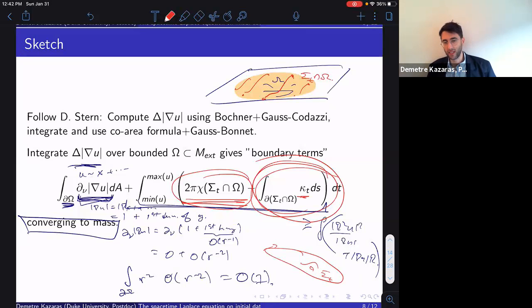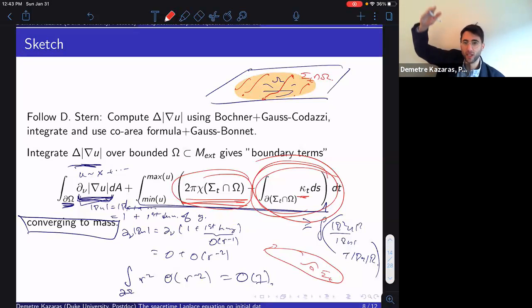So you expect that the level set geometrically resembles a plane at spatial infinity. So you expect that the integral of the geodesic curvature to be close to that of a disk in R2, which is 2 pi. So for each t, you expect this integral, as you go out to infinity, to get very close to 2 pi.